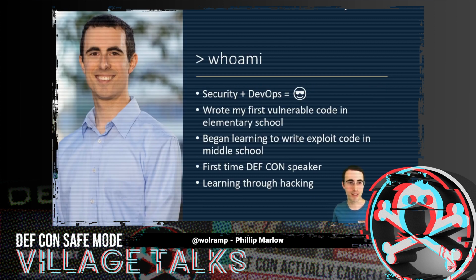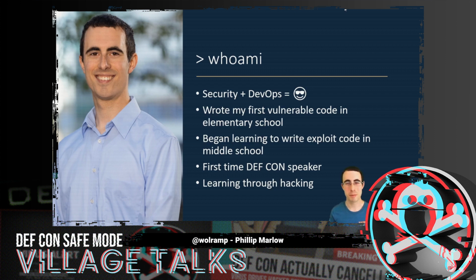So who am I? I'm Phillip, and professionally, I really enjoy the intersection of security and DevOps. Yes, you can call it DevSecOps if you want. I don't really care either way. I wrote my first vulnerable code in elementary school. I was writing a blogging platform for my family, and right in there, because I didn't know any better, I put a SQL injection vulnerability.